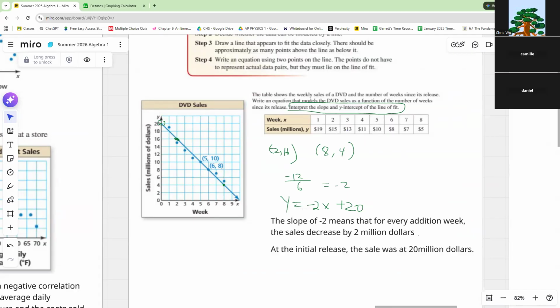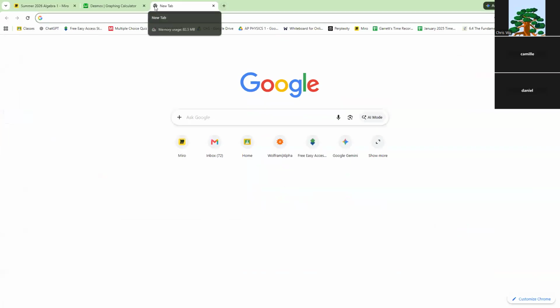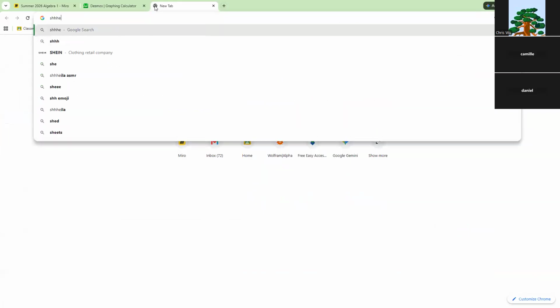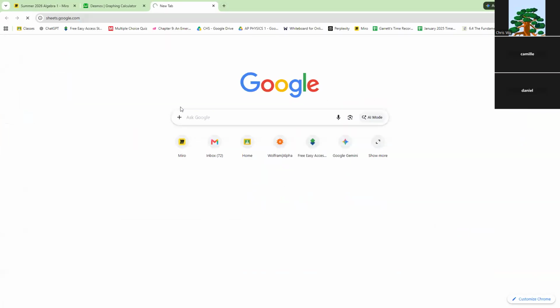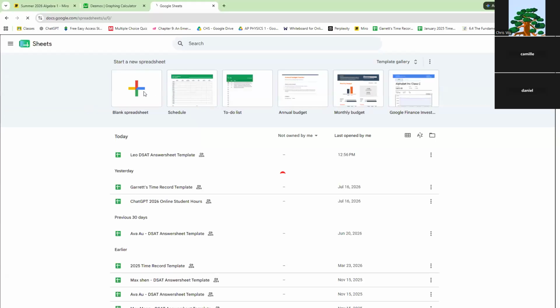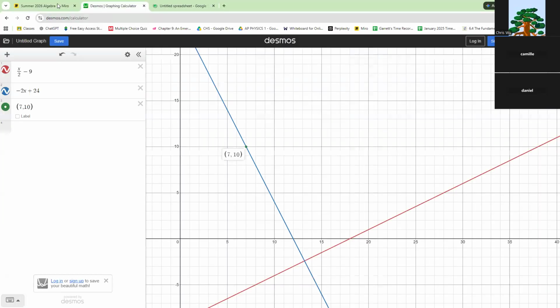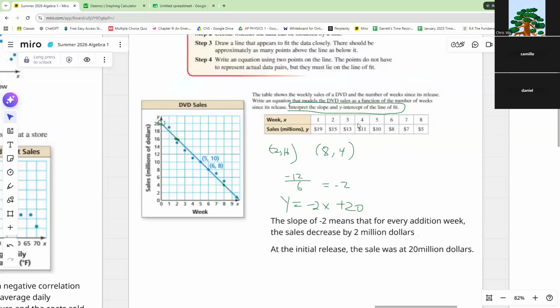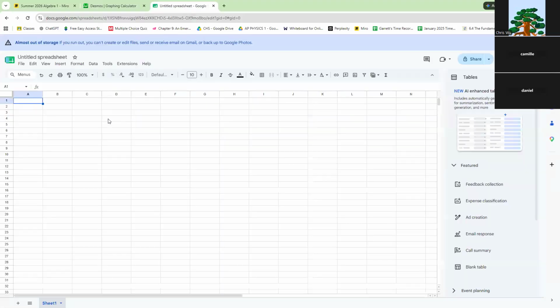So let me use Google Sheets, I think, because everybody has access to Google Sheets. Not everybody has access to Excel. Just create a blank sheet, and we're just going to plug in the data, right? So the week is just 1, 2, 3, 4, 5, 6, 7, 8. I tend to do vertical data, but you can do it horizontally as well; it really doesn't matter.